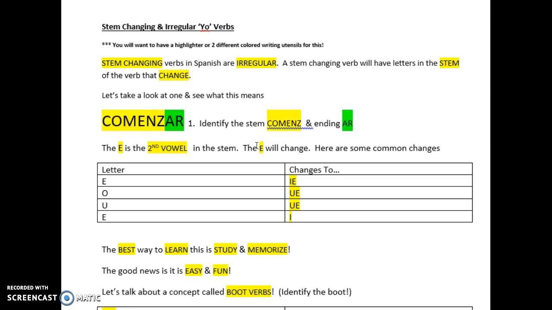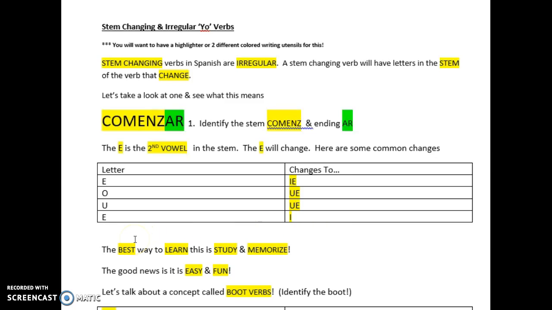Feel free to pause this video at any time if you need to have more time to take notes. Oftentimes E will change to IE. An O in the stem will change to a UE. A U in the stem will change to a UE. An E in the stem will change to an I.